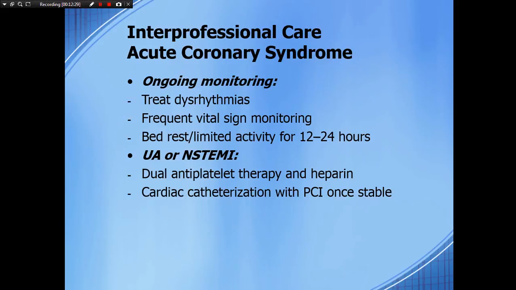Dual antiplatelet therapy with aspirin and Plavix and heparin are recommended for non-STEMI patients. Cardiac catheterization with possible PCI, or percutaneous coronary intervention, is considered for both UA and non-STEMI patients once the patient is stabilized and angina is controlled, or if angina returns or increases in severity.